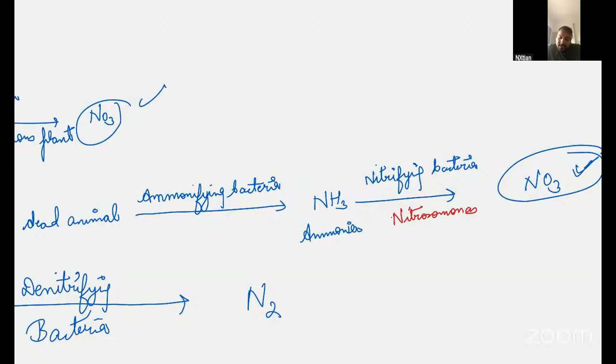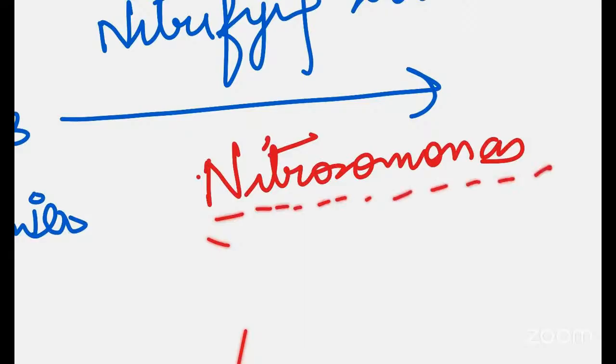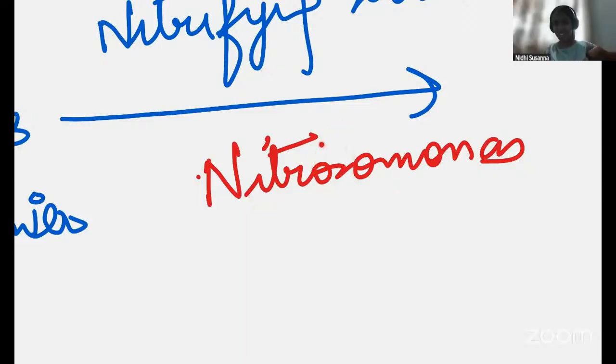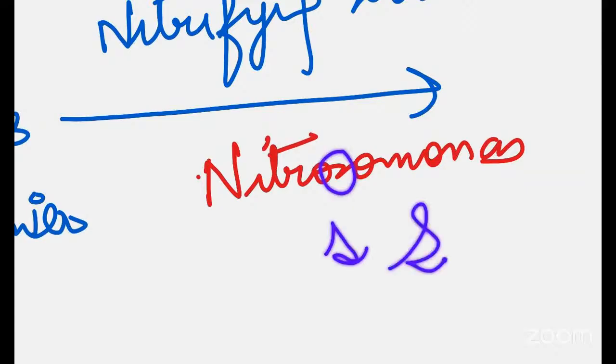David, now I will check the science copy. Nitrosomonas. You can't read this. This is N, this is S. I was thinking it was an X. I also thought it was an X. How is that an X? I could understand S. It looks like a V. How can it be X?